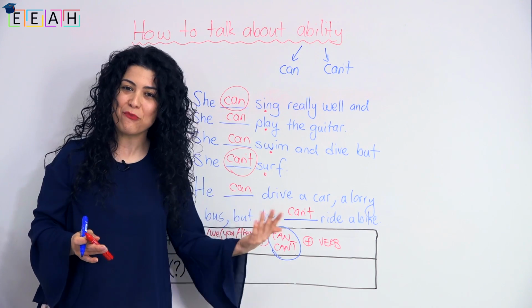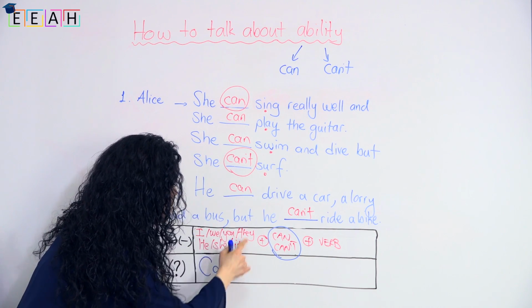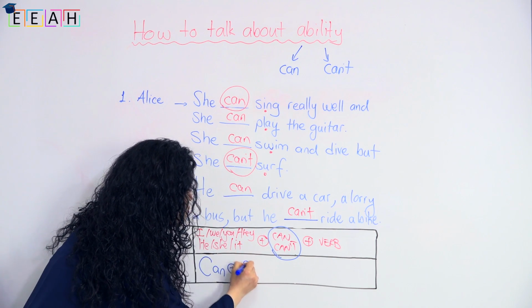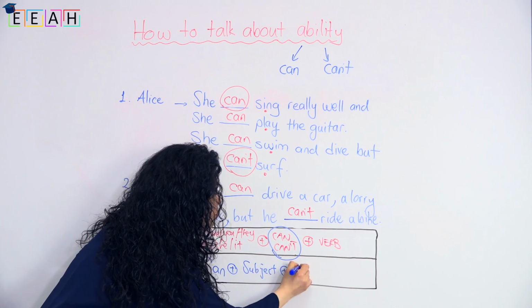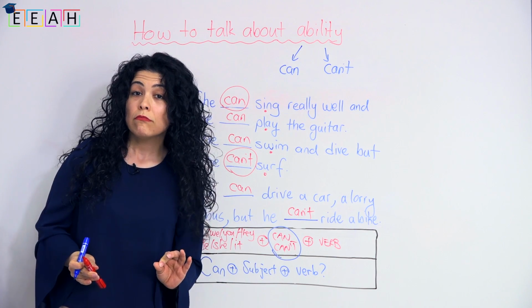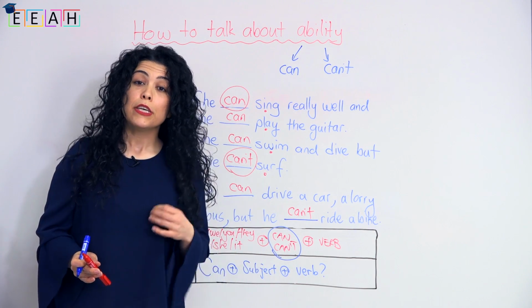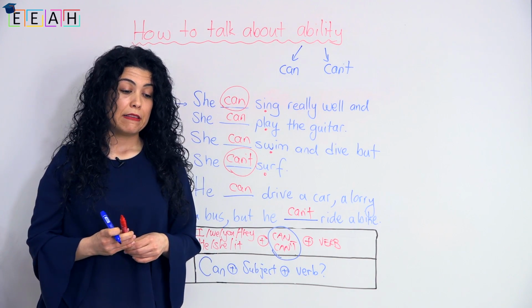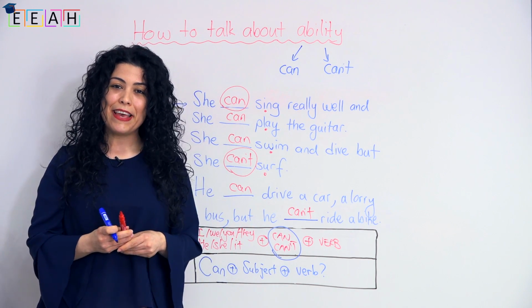So it goes the same way. Can plus the subjects, and then the verb. For example, can you use a computer? Can you use, let's say, the internet? That's another way of saying it.